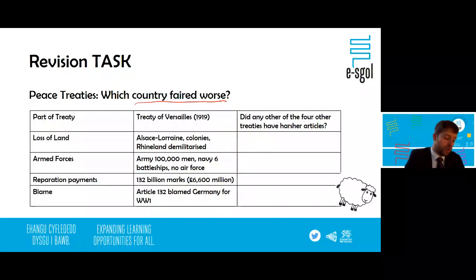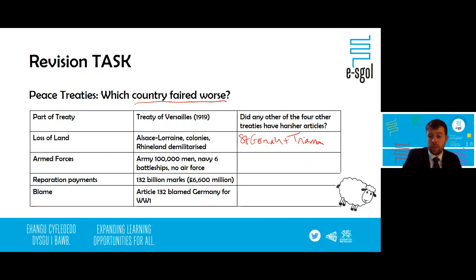Well, both the Treaty of Saint-Germain and Trianon both of them forced the country to split in half because it was the Austro-Hungarian Empire. The Treaty of Saint-Germain signed with Austria, Treaty of Trianon signed with Hungary, split these into two.